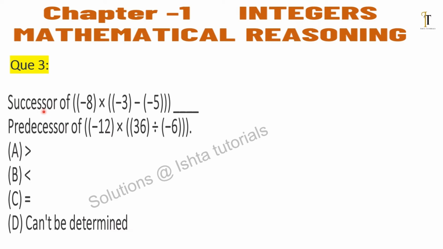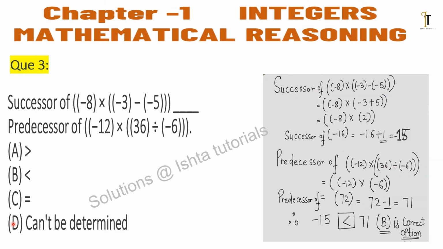Question 3. The successor of this expression must be the predecessor of this expression. Here the options are greater than, less than, equal to, or can't be determined. You can divide this question into 2 parts, the left hand side and the right hand side. Solve the left hand side first, find the number and find its successor, and do the same on the right hand side and find its predecessor.